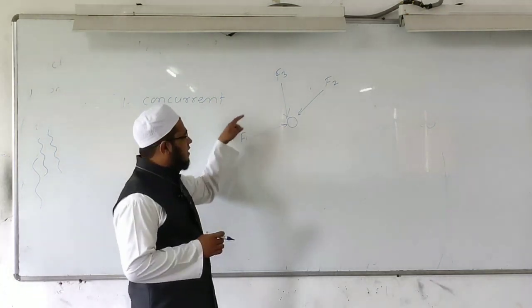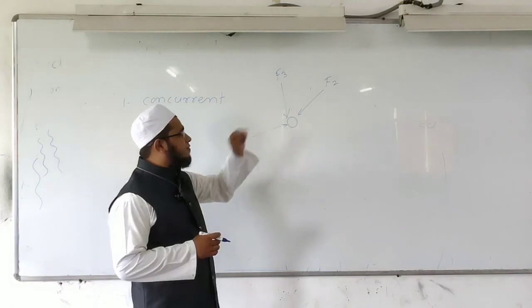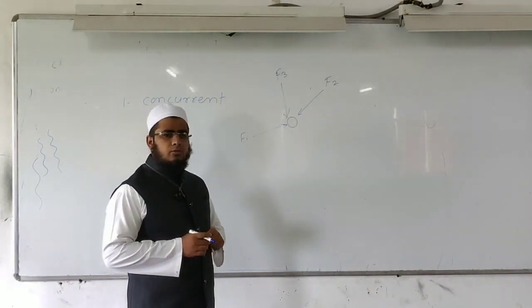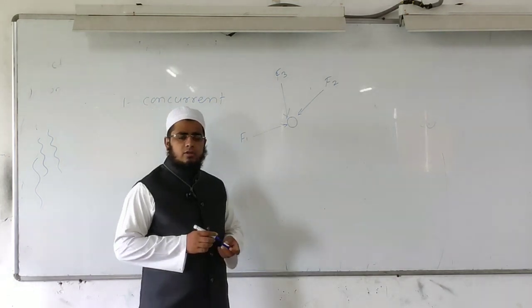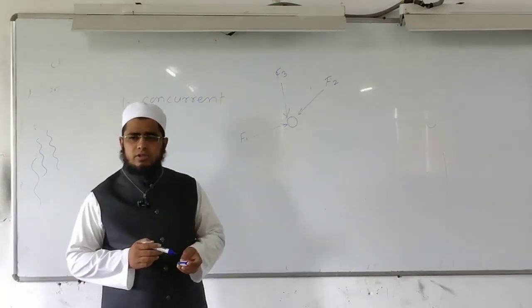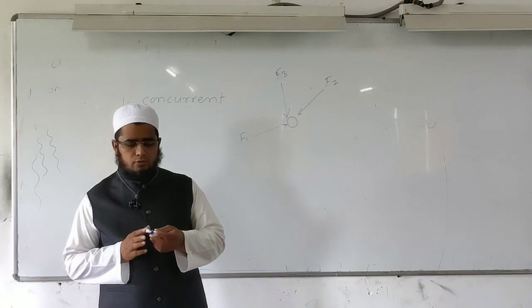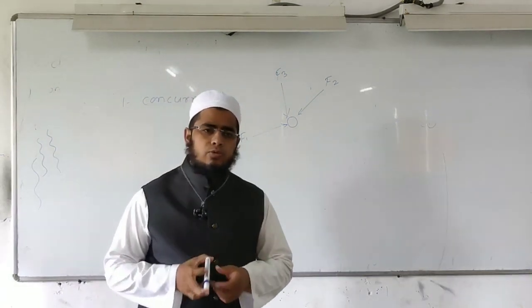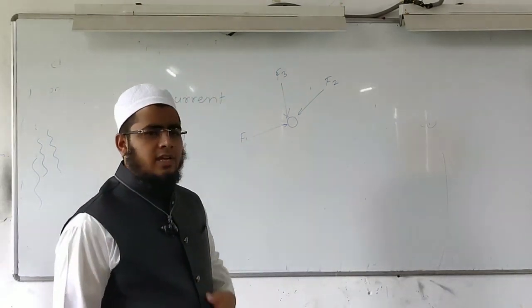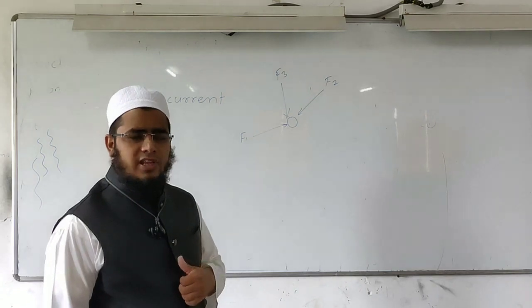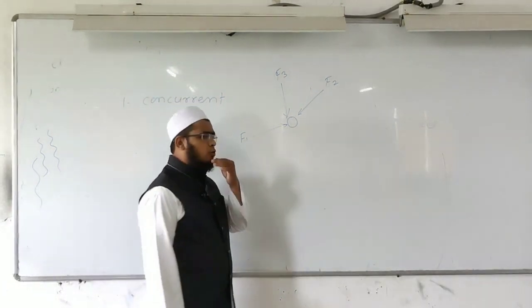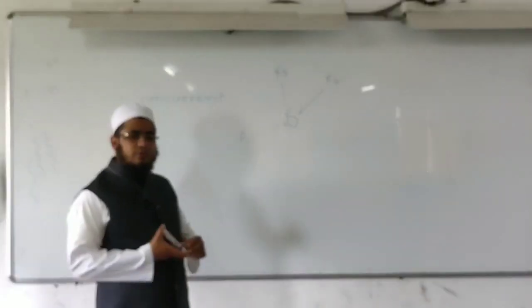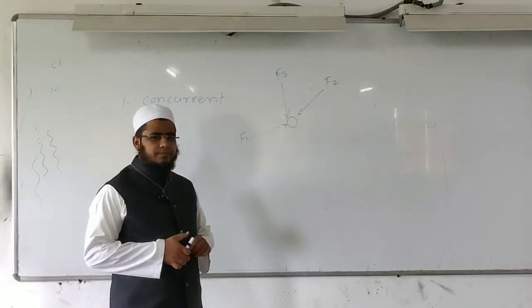We will resolve all the inclined forces F1, F2, F3 into horizontal and vertical components. For the horizontal component, we use force into cos of angle from the horizontal reference line, and for the vertical component, we use force into sine of angle.